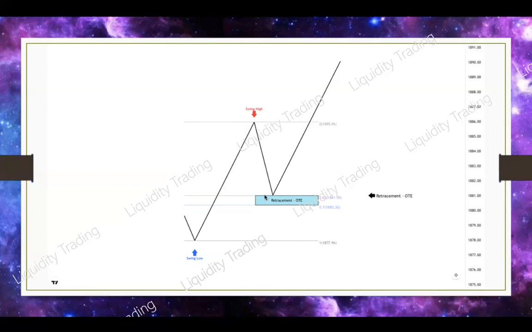However, I don't really care about that, because if you would like to take a trade specifically from the 70 level, then many times you will notice that the market just misses your entry by a few pips. So the best is if you only place trades on the 62% level.